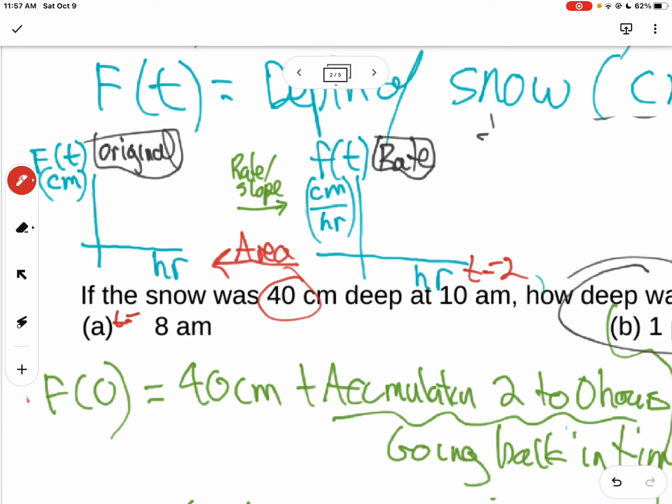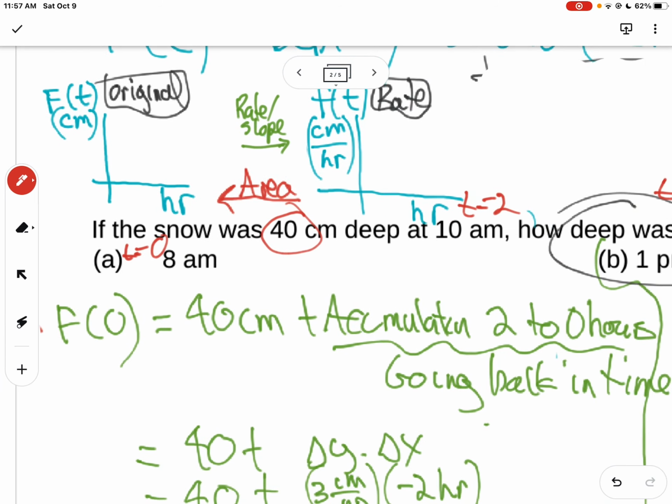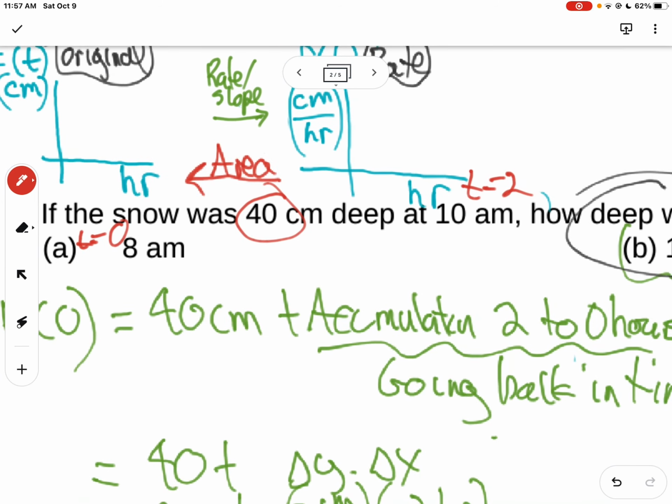That's t equals 0, and 1 p.m. is t equals 5. Okay, so that 40 centimeters then, what does that represent? That represents big F at 2 hours equals 40 centimeters. That's a depth, right? That's the original function. That's not rate.